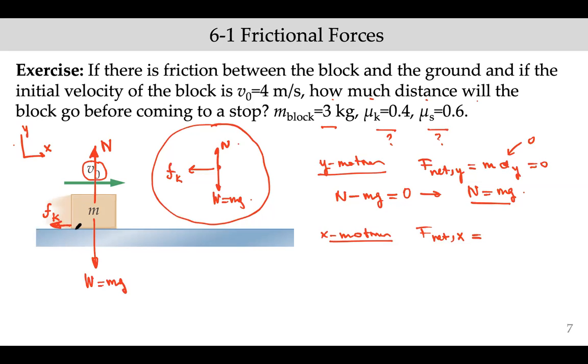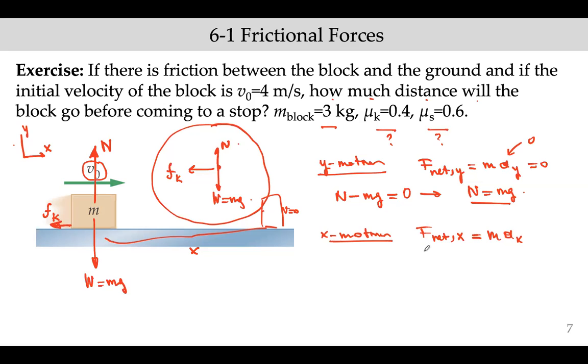So we will calculate the distance, let's call it x, that the block goes when it stops. There will be some acceleration, well, in fact, deceleration, right? It's slowing down. What is that deceleration?